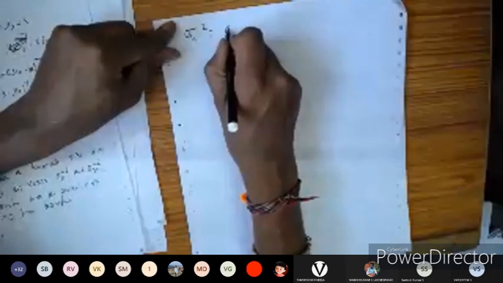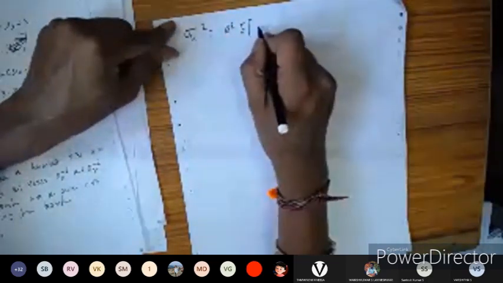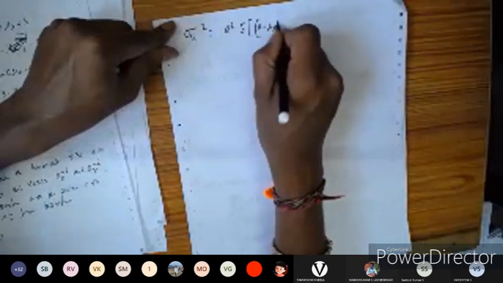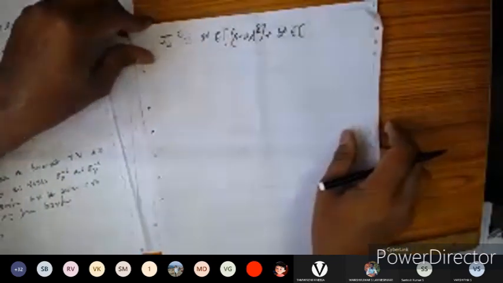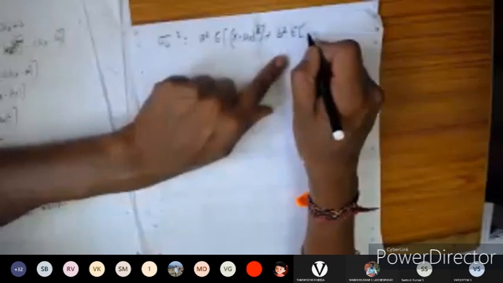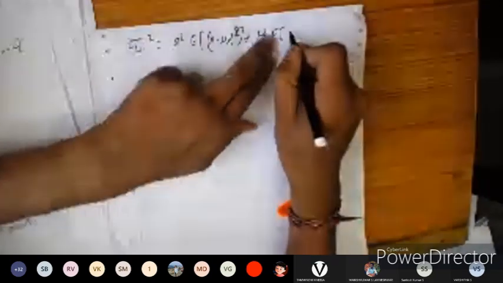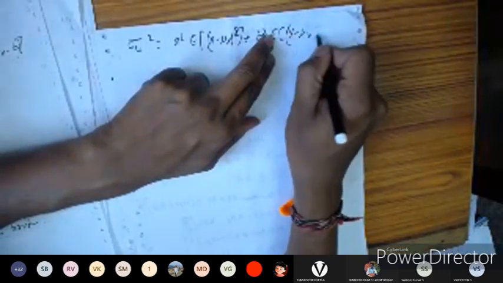Okay, so you have taken these terms, and I'm going to evaluate the expectation here. So it has become sigma u square is equal to a square into the expectation of the first term, that is (x minus mu x) the whole square, plus the second term, b square, the expectation of (y minus mu y) the whole square.